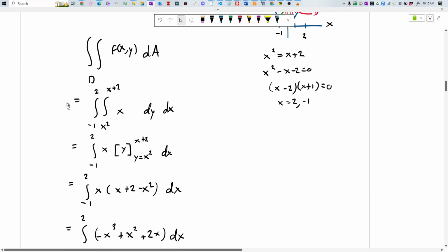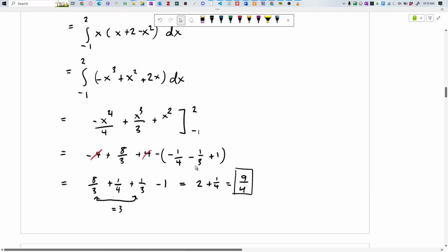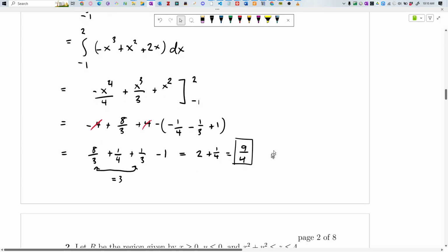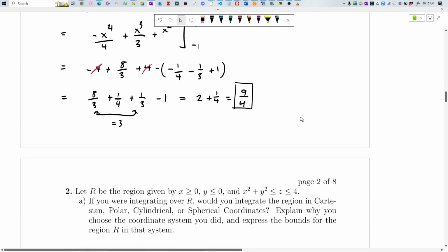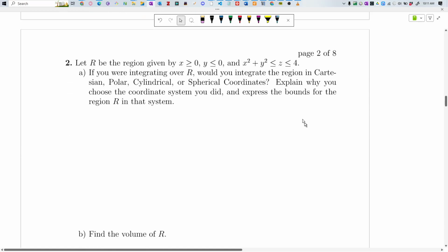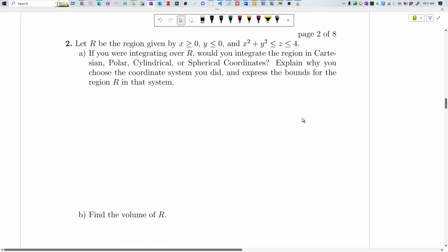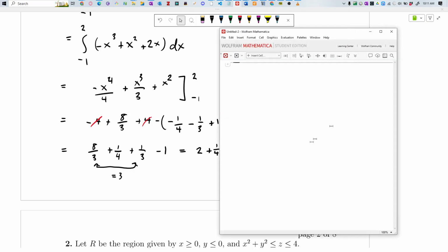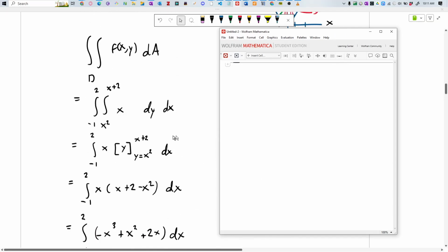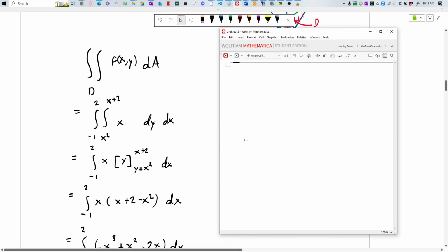This is one of those things where I would want to double check my calculation with Mathematica. I will save that for maybe the end. Well, I don't know. This is not too bad if I actually show you how that works. With Mathematica, I can just immediately type this in.